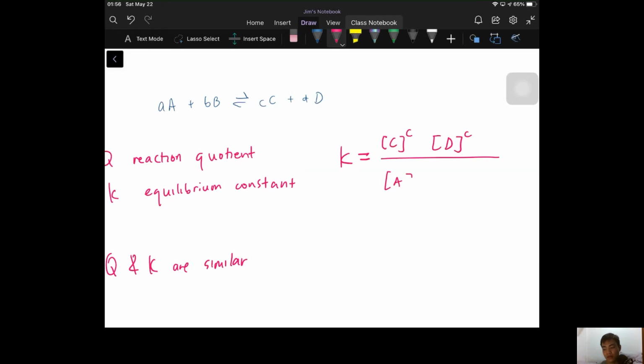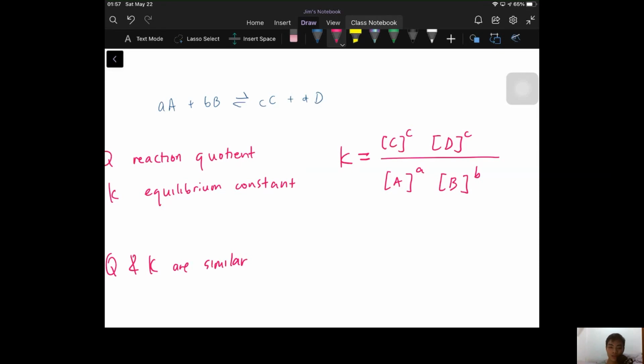No? So, A, and B. Yan yung, pag sinabi kong, ratio of products over reactants, yan yung ibig sabihin ko. So, you have the concentration of your product raised to their coefficients divided by the concentration of your reactants raised to their corresponding coefficients as well.